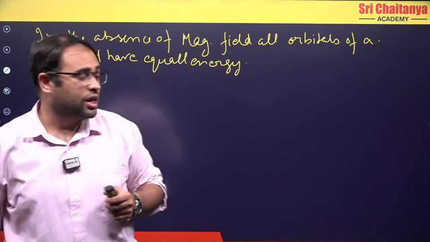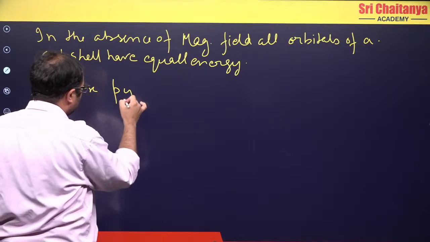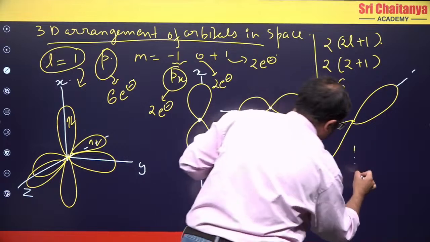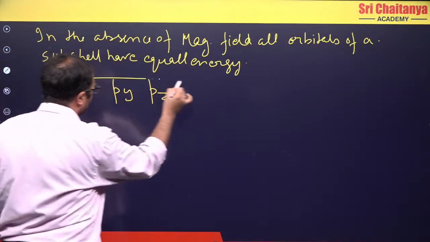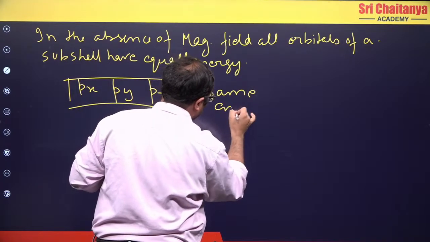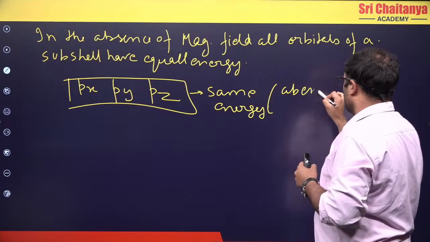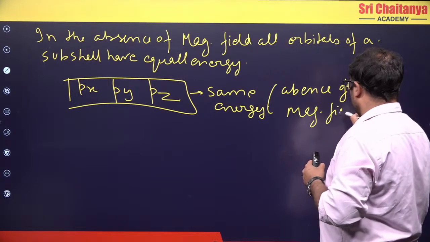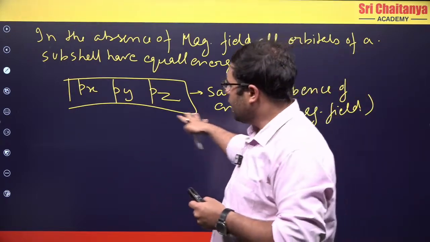So what I'm trying to say is, if I have Px, Py, Pz, the last one was Pz, all of them will have the same energy in the absence of a magnetic field. Means if there is no magnet involved, they will have the same energy.